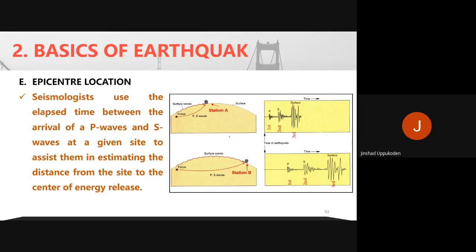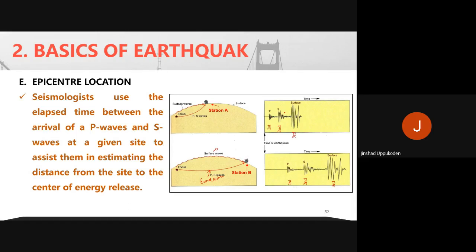Because the P waves travel faster compared to the S waves. So by measuring the difference between the arrival of the body waves and the surface waves, one can identify the distance of the focus or the epicenter from our site.